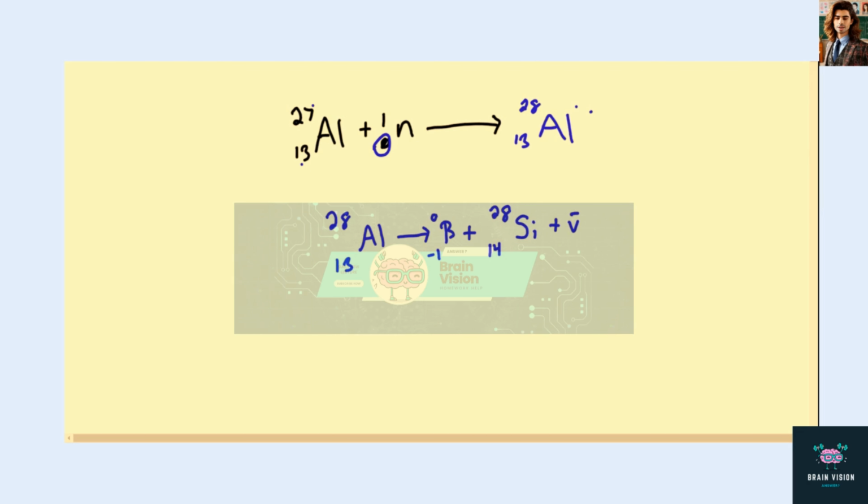plus here. Okay. So right down here, I'll write what that means is we can do a beta negative emission because the nucleus has an extra neutron.